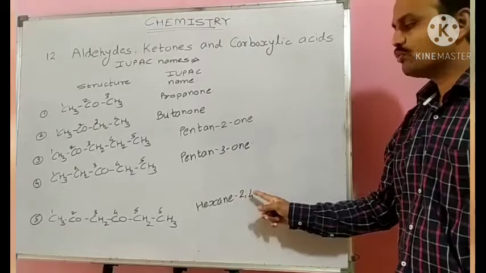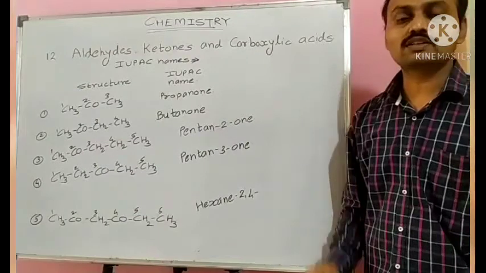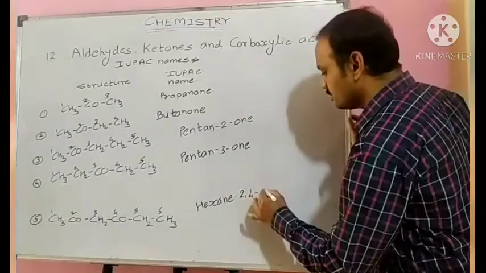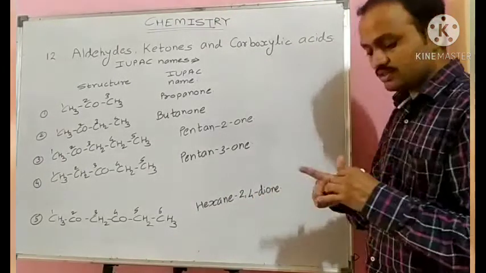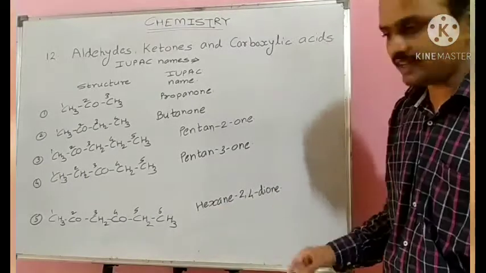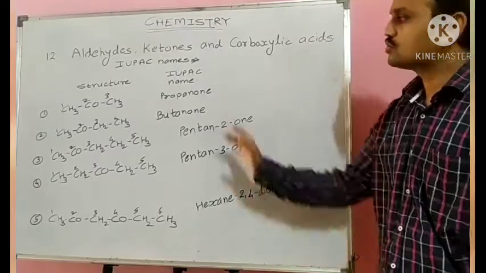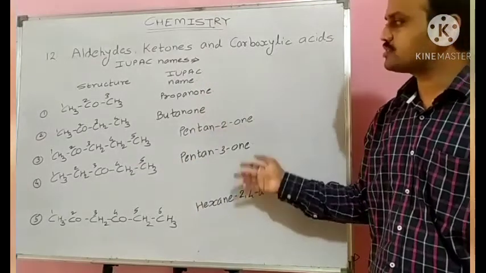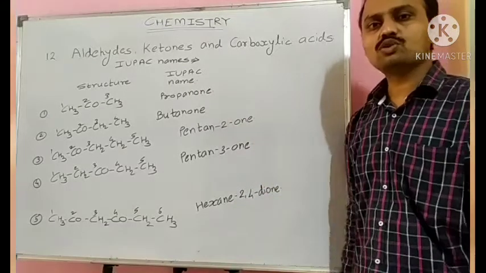Two ketonic functional groups are there, therefore dione will be the suffix. So complete name is read as hexane-2,4-dione. So these are some structures and their IUPAC names according to rules of IUPAC nomenclature for ketonic functional group.